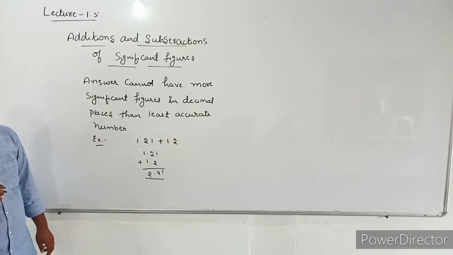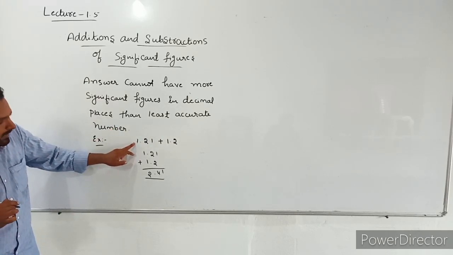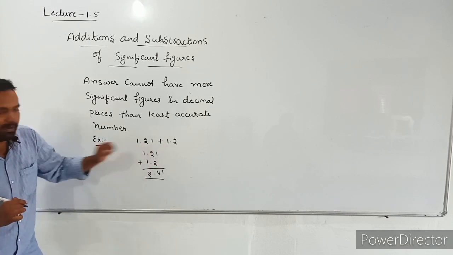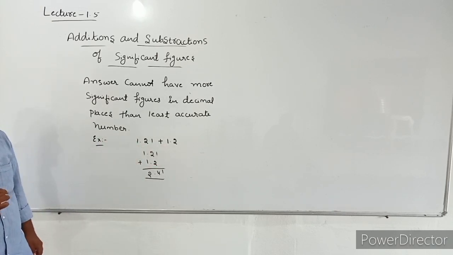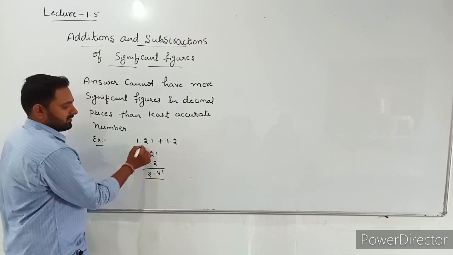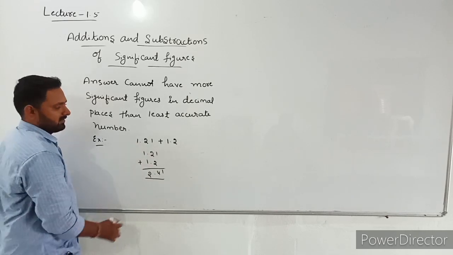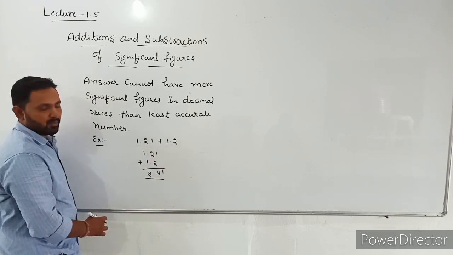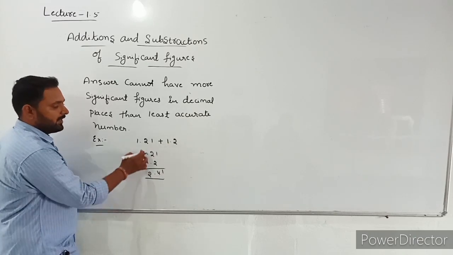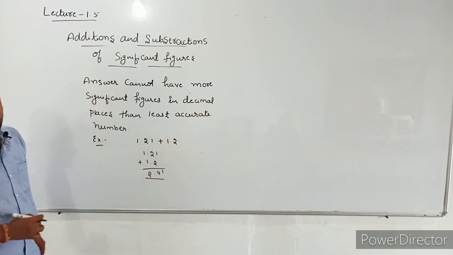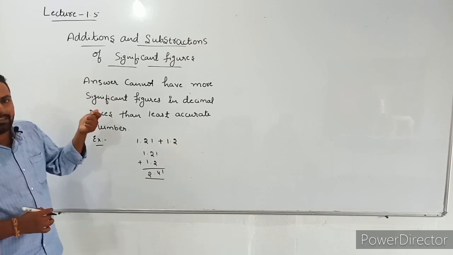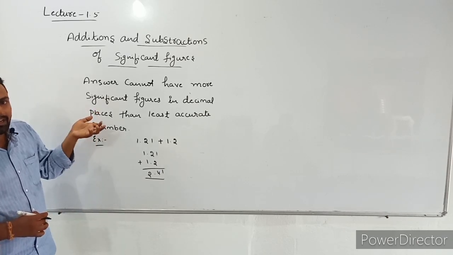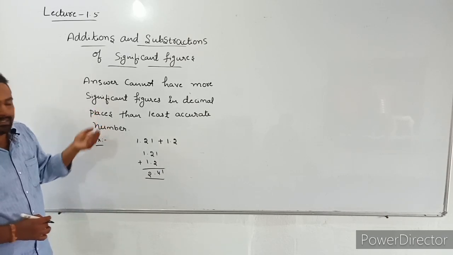Okay, first you have to find out the least accurate number in these two numbers. Which is the least accurate number? This is the least accurate number. Why? We know that one rule is there: greater the significant figures, greater the accuracy.